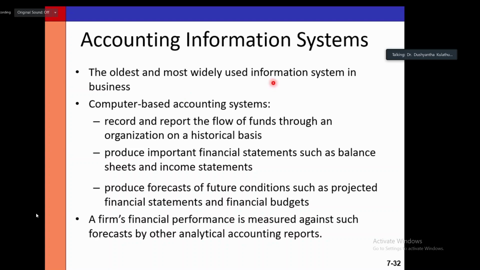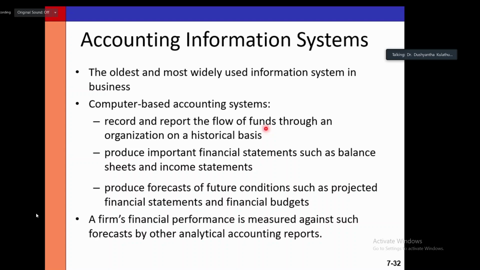Computer-based accounting systems record and report the flow of funds through an organization on a historical basis, produce important financial statements such as balance sheets and income statements, and produce forecasts for future conditions such as projected financial statements and financial budgets. It can record and report the flow of funds based on historical data or based on what happened.